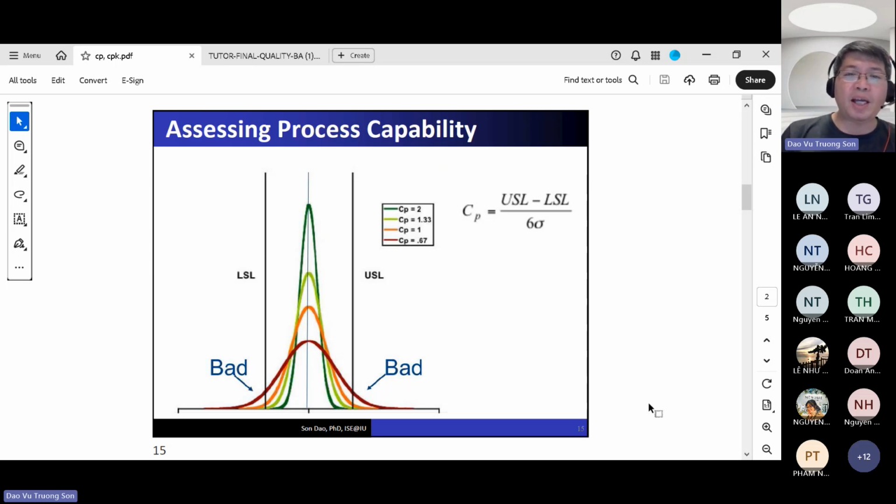On the contrary, when CP is less than 1, for example 0.67 like the red case, we may have a 15% rejection rate. This means if we make 100 products, 85 will be accepted by the customer and 15 have to be discarded. The actual unit product cost will be significantly higher when CP is less than 1.